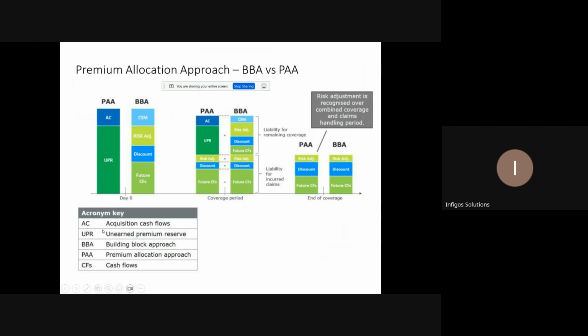When you look at the different components, AC is acquisition cash flow, unearned premium reserve, building block approach, and cash flows. These are cash flows. Any questions? This is very important to understand the difference between GMM, BBA, and PAA.